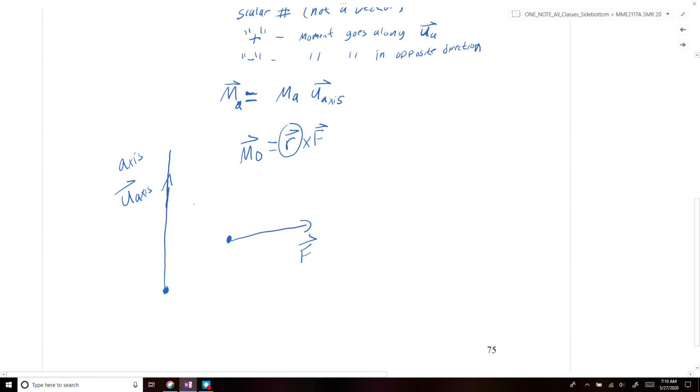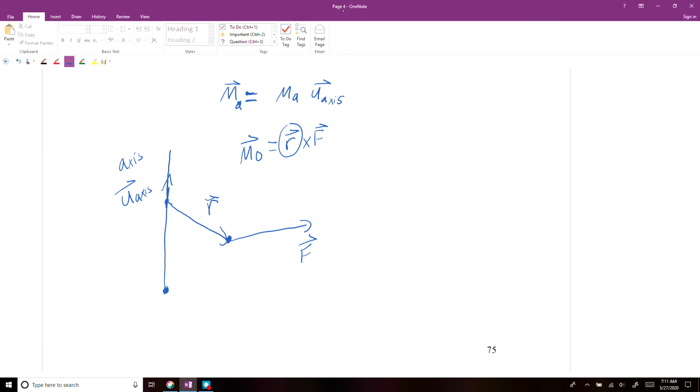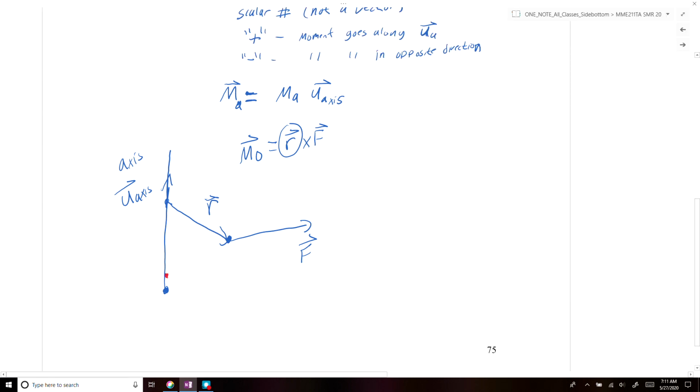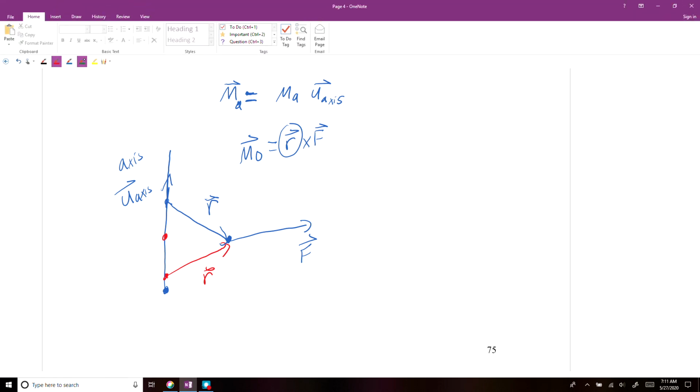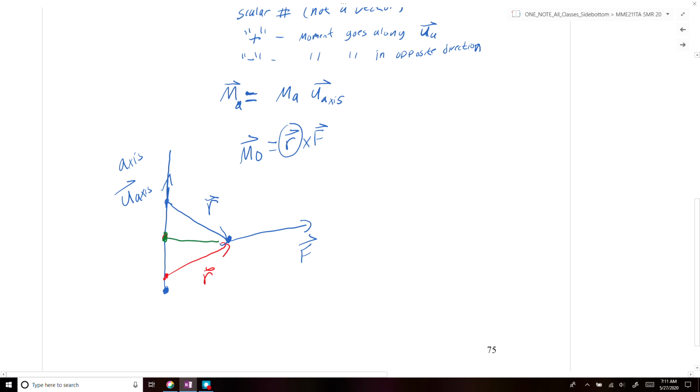It can go from this point to this point, or from this point to this point, or from any point along our axis, and you will get the same answer for the moment about the axis.